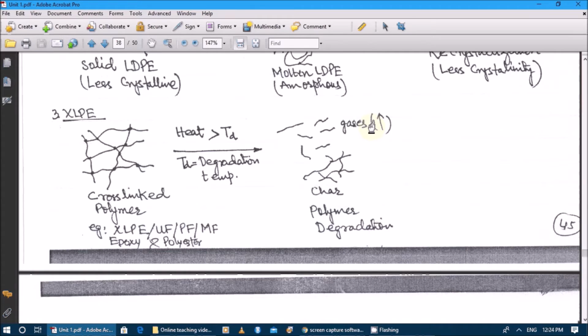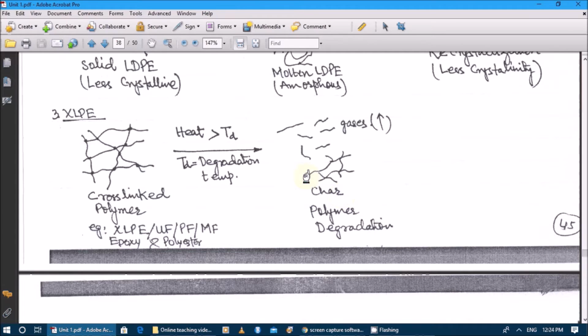Gases will evolve from the polymer and go away into the environment, and finally you will be left with the polymer char. Polymer char, you must have seen in a burning tire. When a tire burns, it's a thermoset rubber, so some black colored smoke is generated, which is the gas, and at the end some black colored material or char is left in place of the rubber tire.